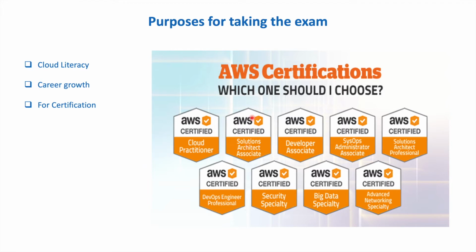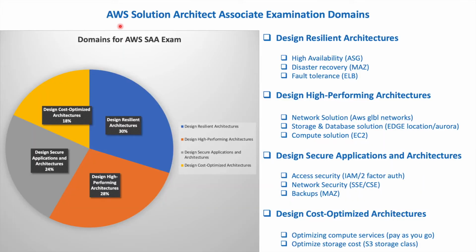AWS Solution Architect is a little bit more advanced than AWS Cloud Practitioner. I would suggest you start your certification with AWS Solution Architect because we can get more knowledge than with AWS Cloud Practitioner.